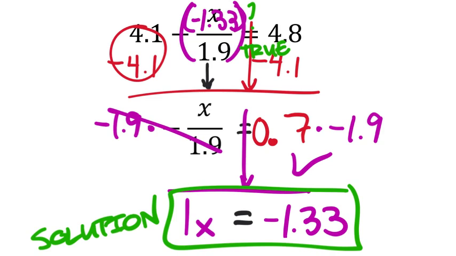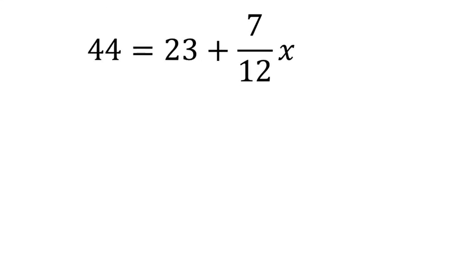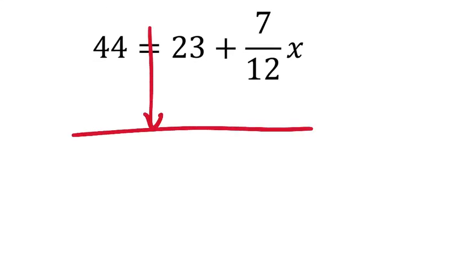So this one's going to follow kind of the same idea. We've seen problems like this already, but I know this line's going to drop the equal sign. I really would like to drop this 7/12 x, and it is positive because of the plus sign, which means that 23 has to go.